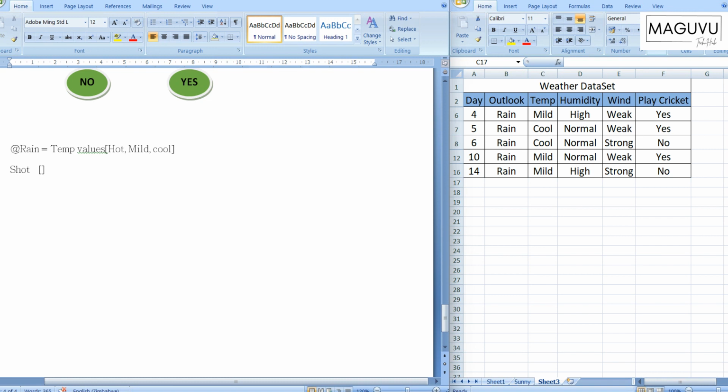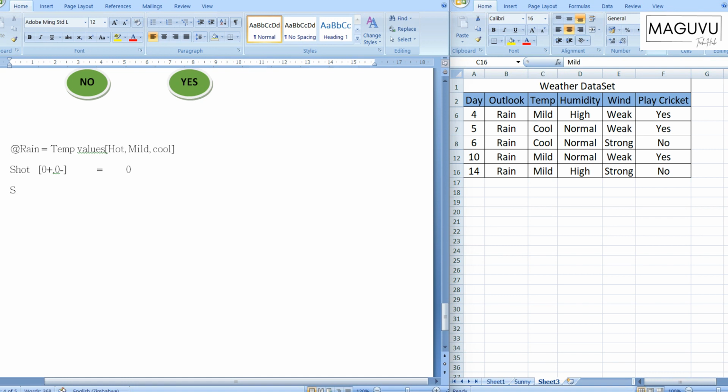There are 5 rows, 5 days. How many days do we have hot? We don't have hot, so we represent that with 0 positive and 0 negative, and wherever we have a 0 there, it automatically gives us a 0.